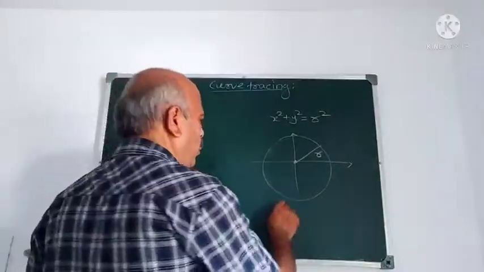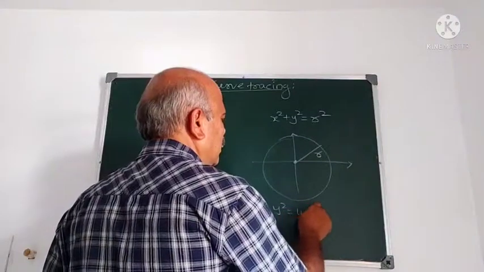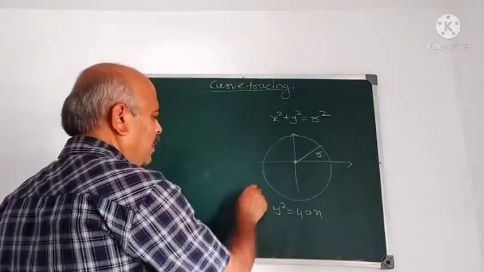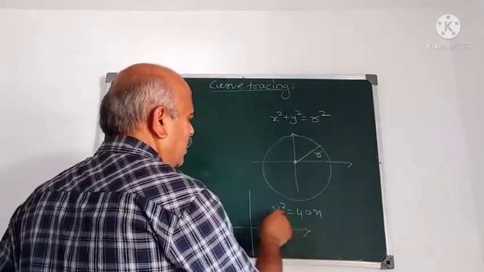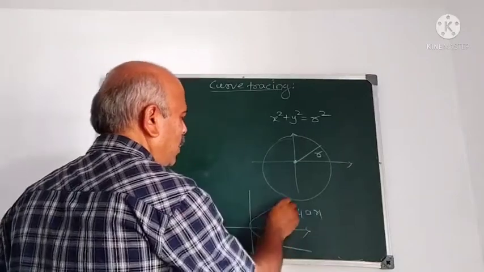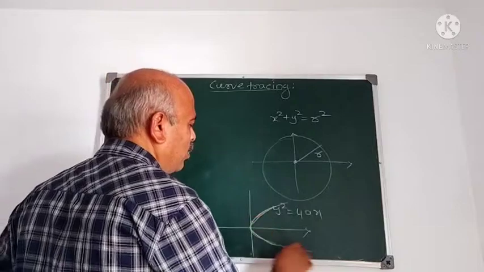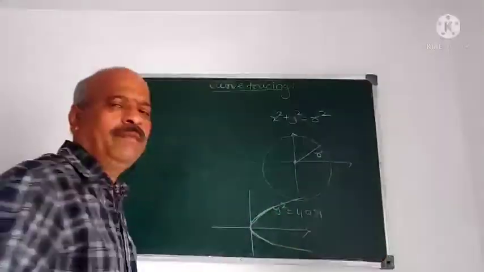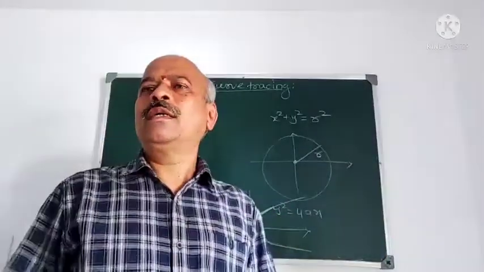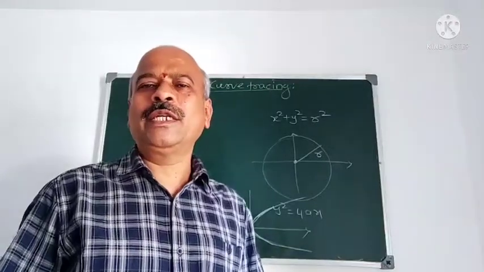Similarly, parabola y square is 4ax. Suppose this is the equation. Then y square is 4ax means this is the shape of the parabola represented by this equation. It passes through origin. This is the parabola. It extends indefinitely. These are standard curves that you have already studied.